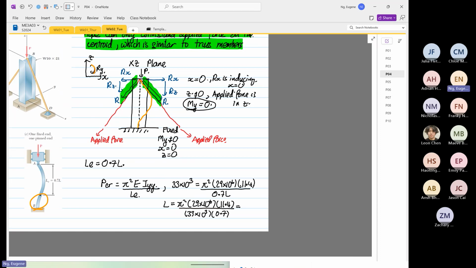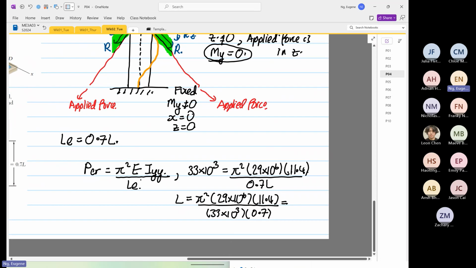Wait, the formula that I'm going to use, I forgot the squared down here. I beg your pardon.